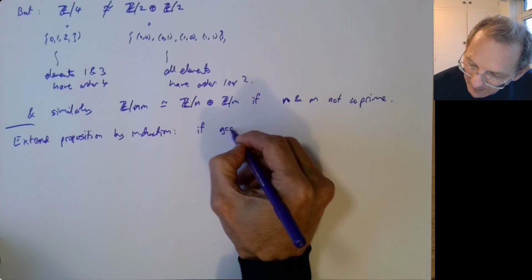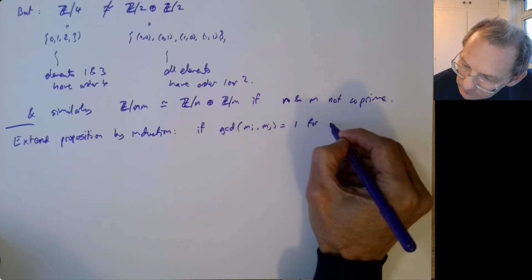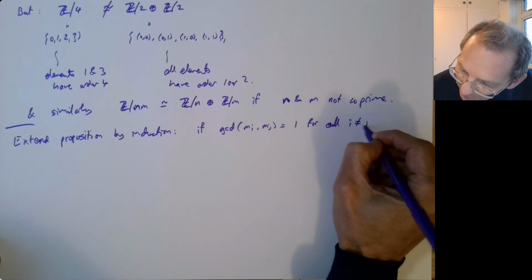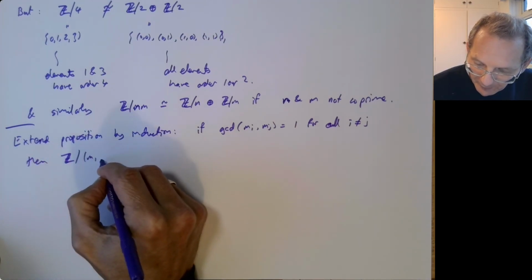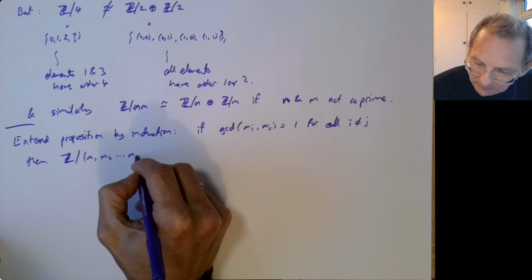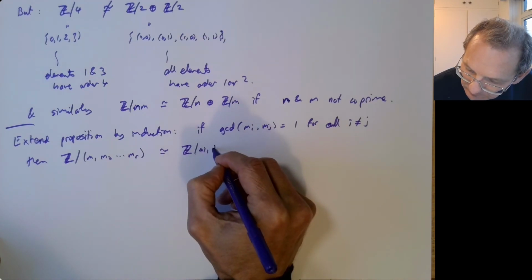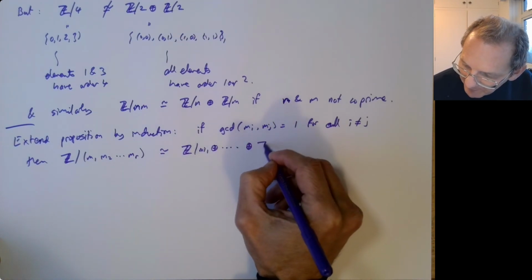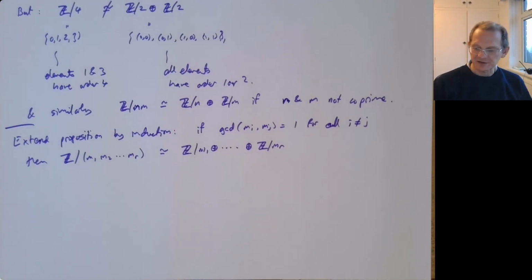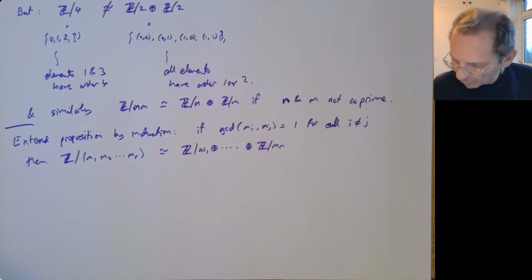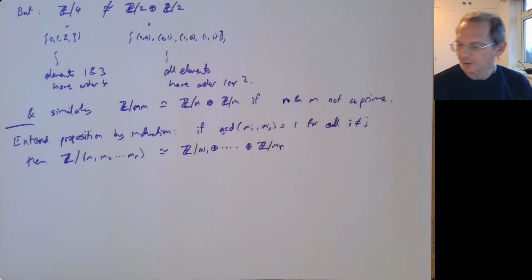If we look at a group like Z mod M1 M2 up to MR, then it splits as the direct sum of the constituent things, provided we've got the condition that the GCD of Mi and Mj is 1 for all i not equal to j. In other words, the numbers M1 up to MR are pairwise co-prime.